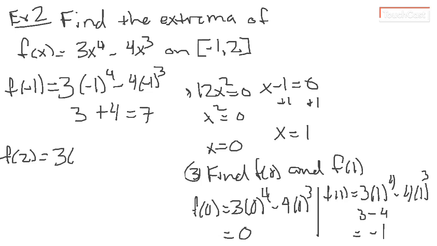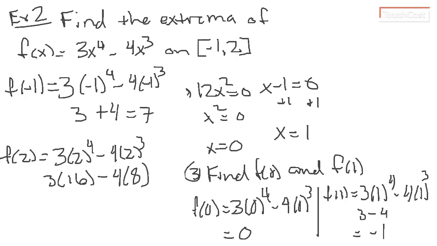We're going to have 3 times 2 to the 4th minus 4 times 2 cubed. Well, 2 to the 4th is 16. 3 times 16 minus, 2 cubed is 8, so 4 times 8. We're going to end up with 48 minus 32, which is going to give us 16.